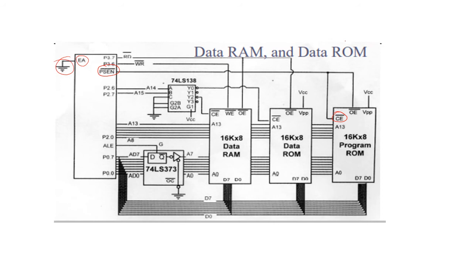When you interface a program ROM, the program can be loaded in two different ways: from the internal ROM present in the microcontroller, or from external memory that can be interfaced. When you are using the external program ROM, the external access pin has to be grounded, and the program store enable has to be connected to the chip enable pin to enable the chip, as well as the output enable pin to read the code present in the memory.